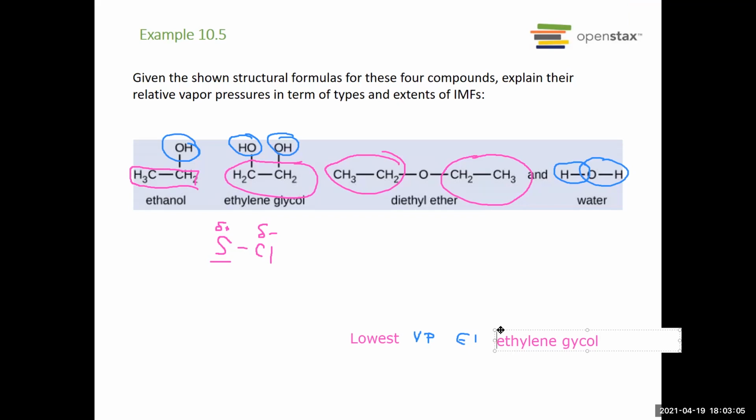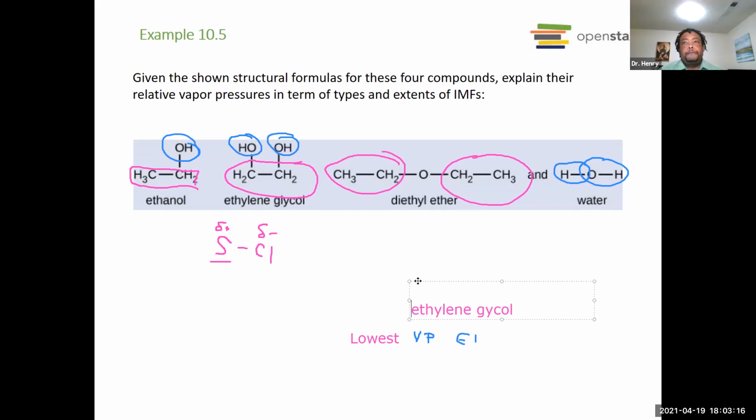Yes. Wait, so is the highest intermolecular force the highest vapor pressure too? No. Okay, so you have to think about the forces as strength, right? If you have stuff that is really, really strong that's holding it together, it's not going to make a lot of vapor pressure. It's going to make less vapor pressure.